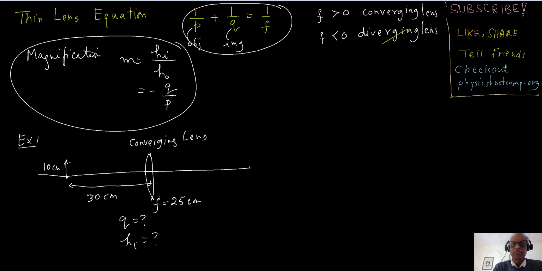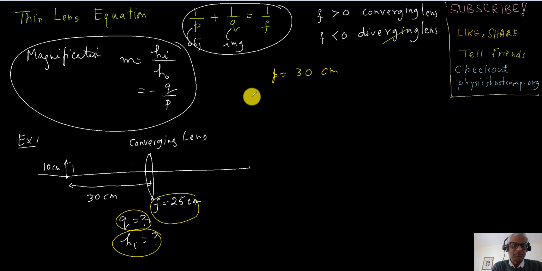Okay, so this is a simple example. An object 10 centimeters tall is placed in front of a converging lens with focal length 25 centimeters. What is the image distance and what is its height? Okay, it's really simple. We have p equals 30 centimeters on the left, so p is greater than 0. And we have f, a converging lens, so this is going to be plus 25 centimeters.